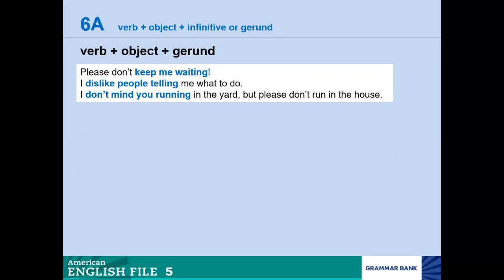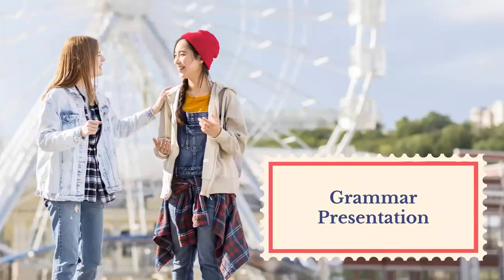The verb, the object, and then the gerund, which is that verb ending in ing. So this is the other form. Okay. Well, this is the end of the presentation regarding grammar. Now we're going to go back to the previous one.